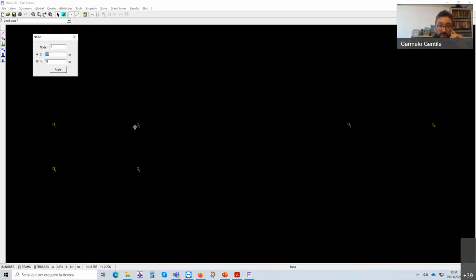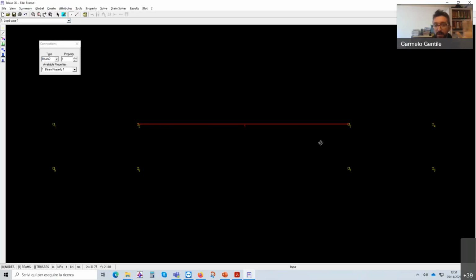So we create the base of the column below node 2, below node 3, 35 minus 5, and 45 minus 5, the base of the last abutment. If we want to create the element of the central span, this is it. Then we want to create the element of the lateral spans, which can be thinner.